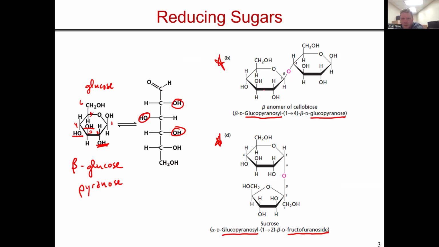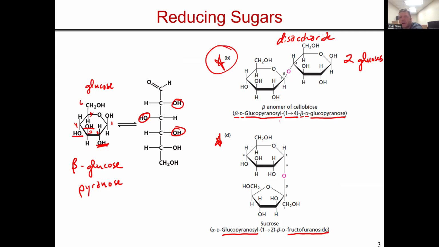This is a little bit hairy because if you look at B, let's focus on B for a second. We've got a beta D glucopyranosyl, and then we have 1-4 beta D glucopyranose. So this is a disaccharide made up of 2 glucoses.